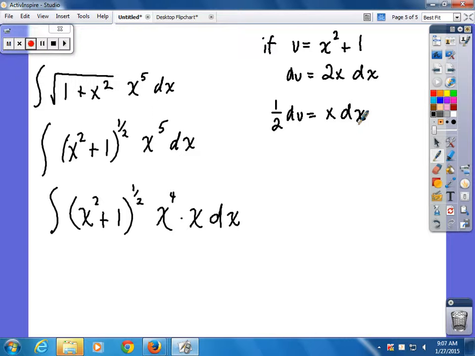There's several different ways you can go here to help you get to that x to the 4th. The x dx is over there. That's not a problem. But that x to the 4th, keep working with it because you might start to see the actual relationship.